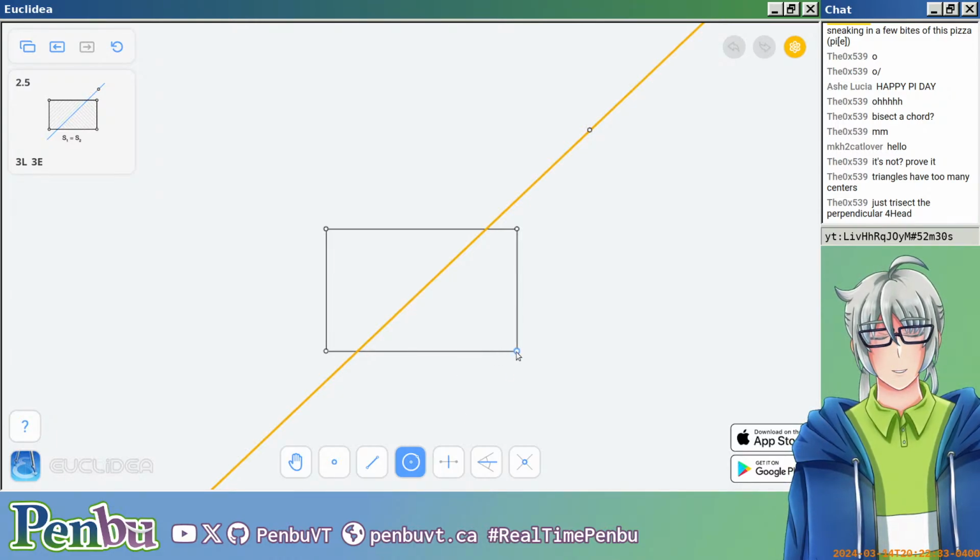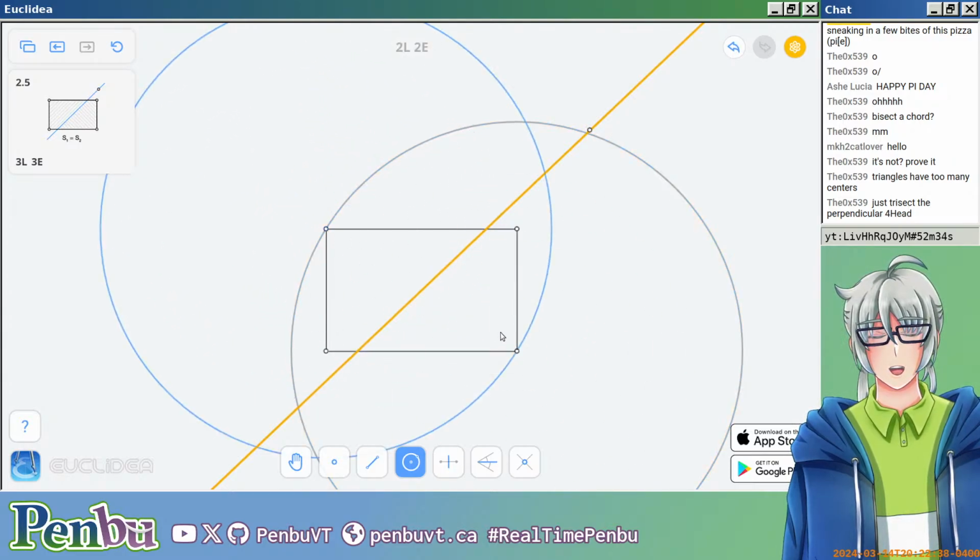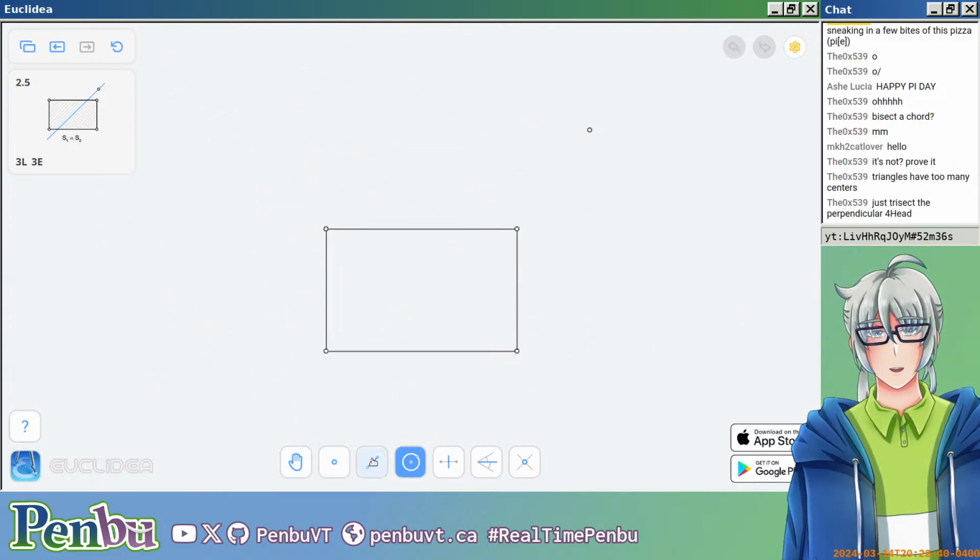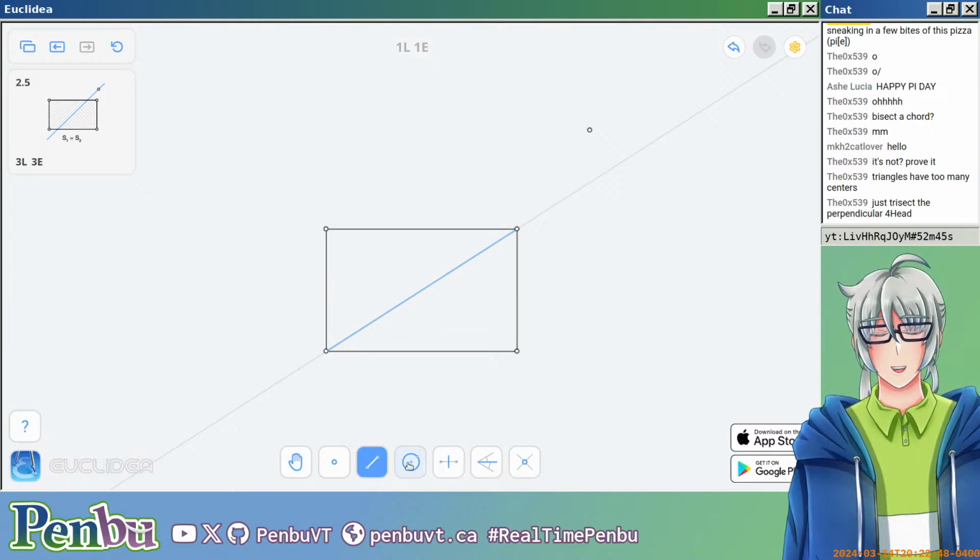Or maybe we have to figure out how to cut the rectangle into two. And we know that we can cut the rectangle into two like this here. Oh, okay, I get it. We can cut the rectangle into two parts, and we can find the midpoint here.